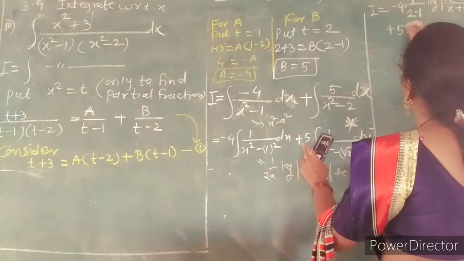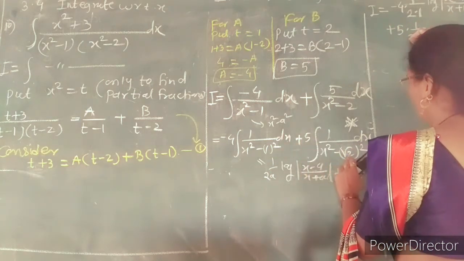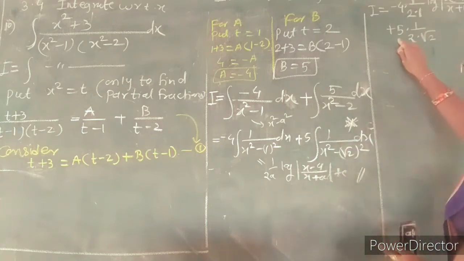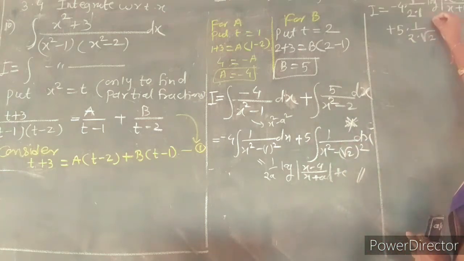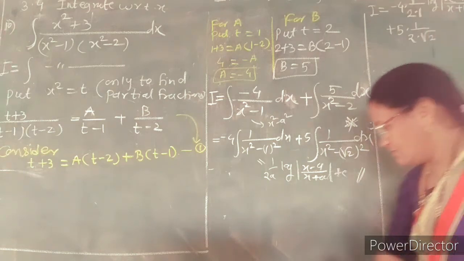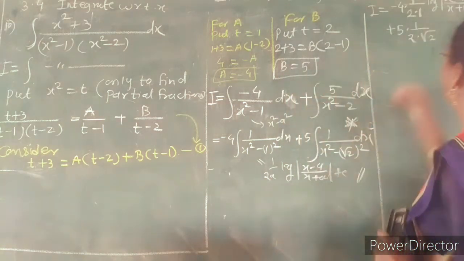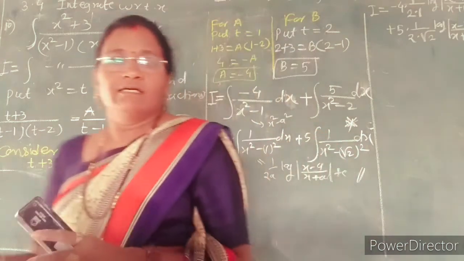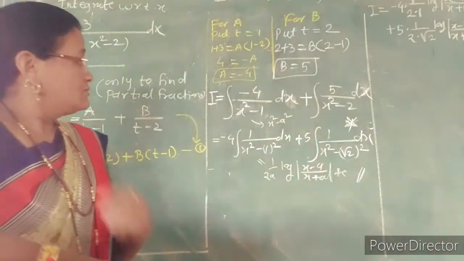And for the second integral, 5 into 1 upon 2a, where a is nothing but root 2. 5 is constant, here 1 upon 2a. Again the same result applies, and we take that answer as log of mod of (x minus root 2) upon (x plus root 2), and take down the addition of the constant, that is plus c.